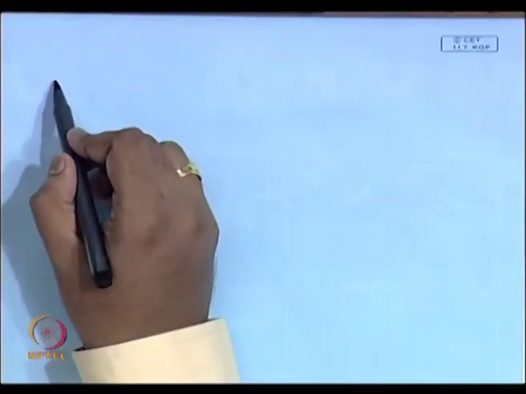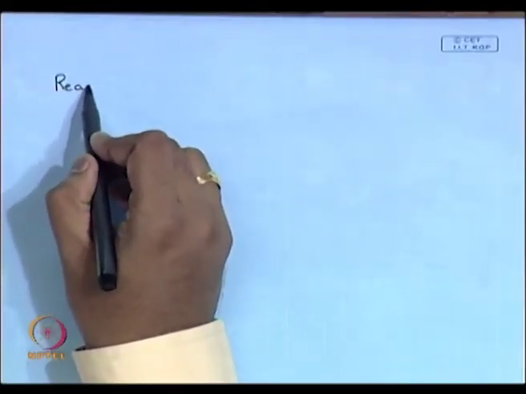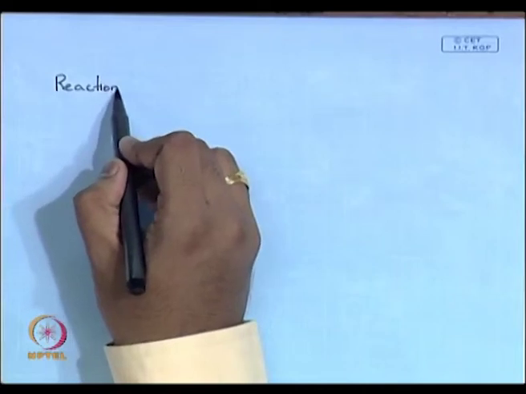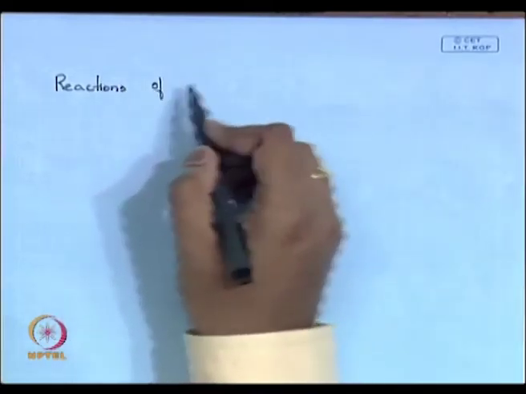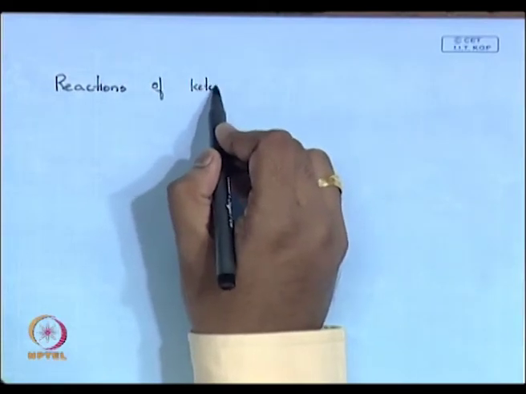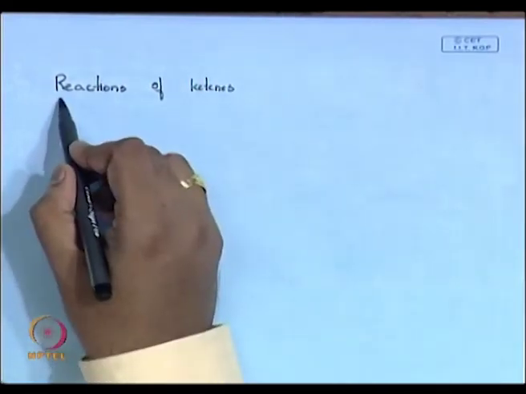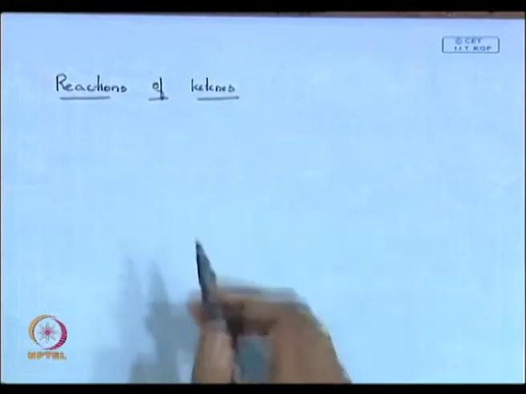Now, since we know the synthesis of ketenes, we will slowly get into the reactions of ketene chemistry. There are a number of reactions, but we are going to concentrate more on 2+2 cycloaddition.